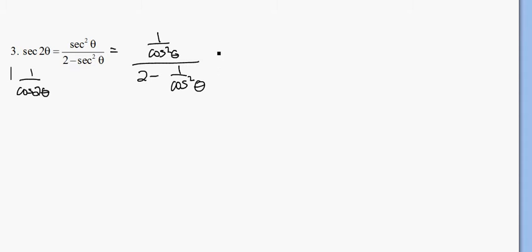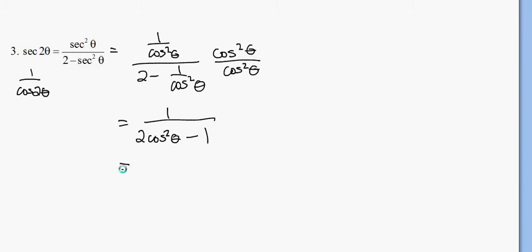I have a common denominator of cosine squared, so I'm going to multiply by cosine squared over cosine squared. My numerator just becomes 1. My denominator becomes 2 cosine squared theta, and then I multiply this by this and get minus 1. Well, I know this is one of my cosine 2 thetas, so it's 1 over cosine 2 theta, which is equal to secant 2 theta, which I get a check. So nobody's looking. Nobody even knows I cheated.